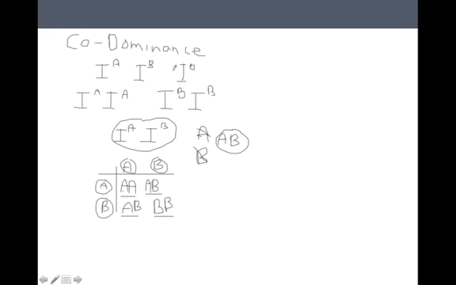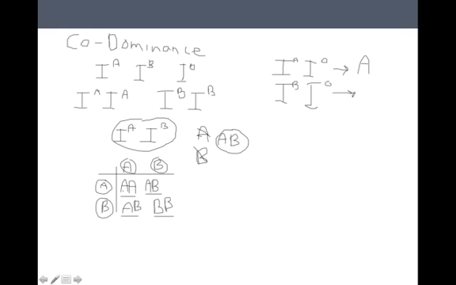Now, A and B are codominant to each other, but it turns out that A is dominant to O and B is dominant to O. So if somebody is IA IO, phenotypically they're going to be blood type A, because A is dominant to O. Same thing with this case where you have the person who has one B allele, IB, and one O allele, IO.